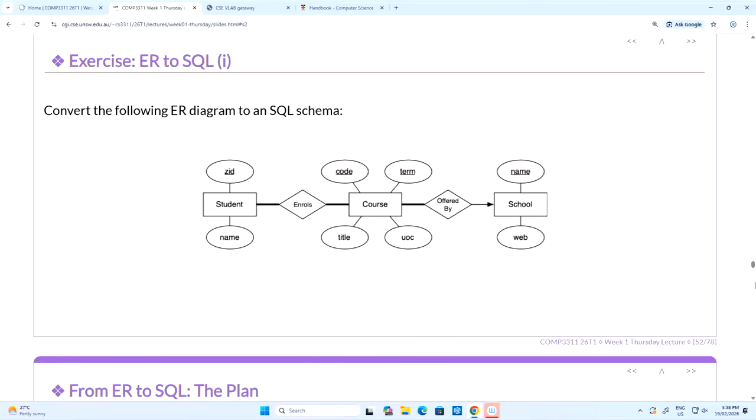But it makes no sense for the school to record every course that they have offered in the schools table, because imagine if you have School of Engineering, School of Environment, School of Architecture, and then a separate column called courses offered, with COMP3311, 9311, 9313. That's disastrous. Whenever we have a many-to-one relationship, it makes more sense to use a foreign key to store that information.